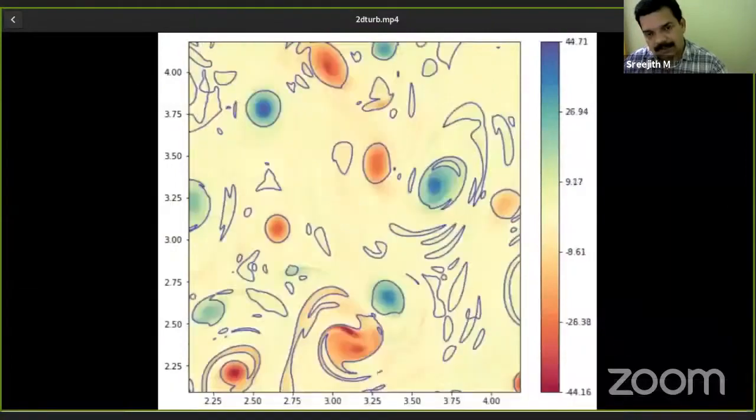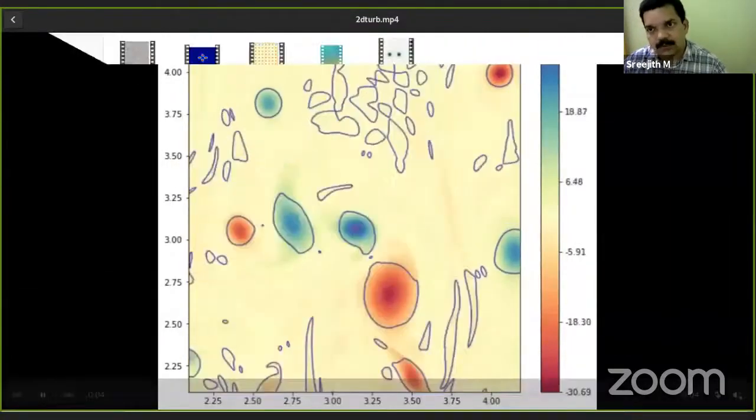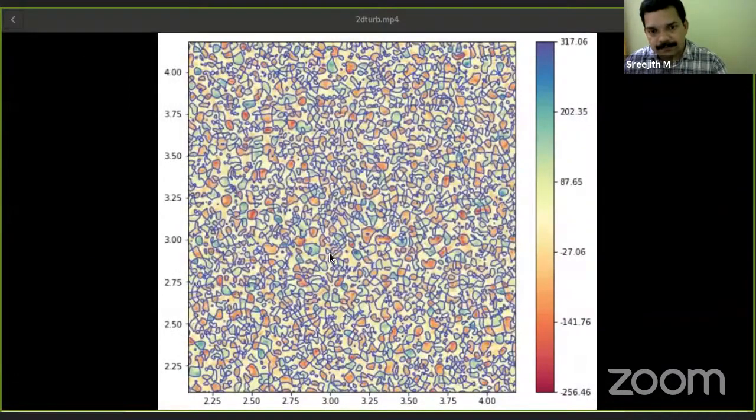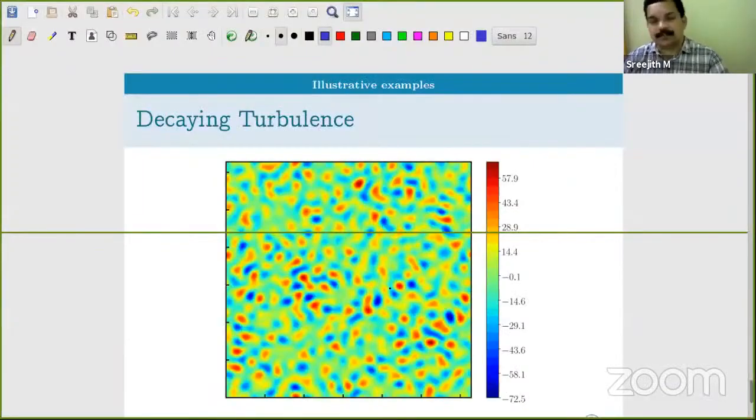We can use this method to solve two-dimensional turbulence problems, two-dimensional approximated problems, using the vorticity velocity formulation. The complexity of the pressure term is eliminated here.